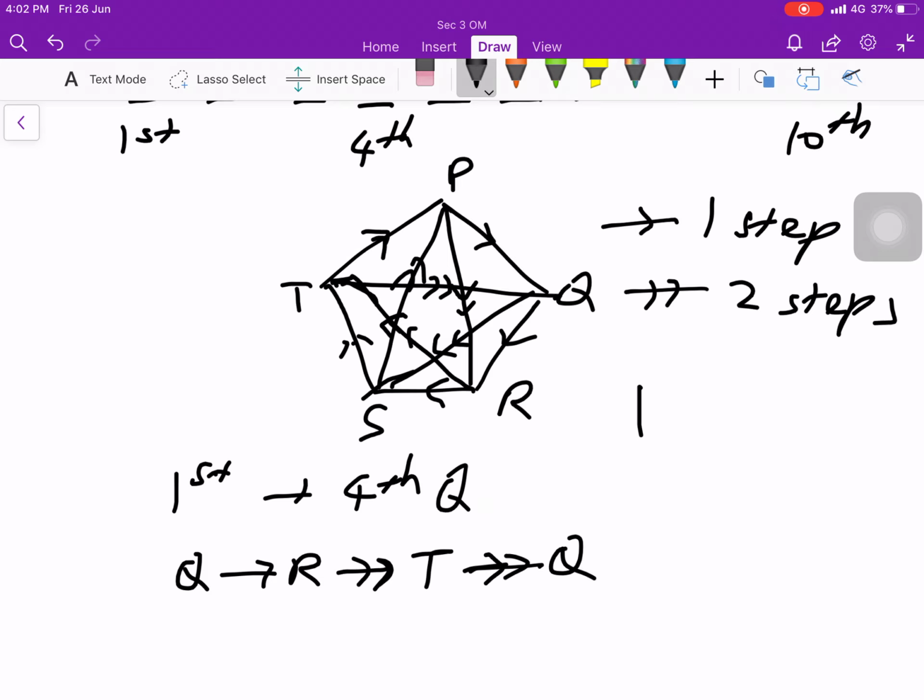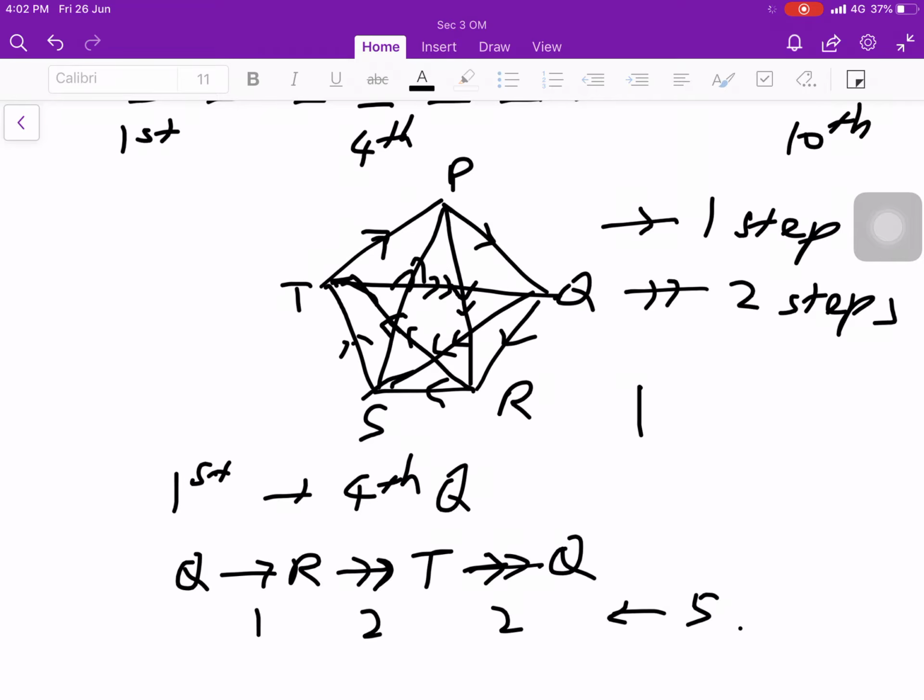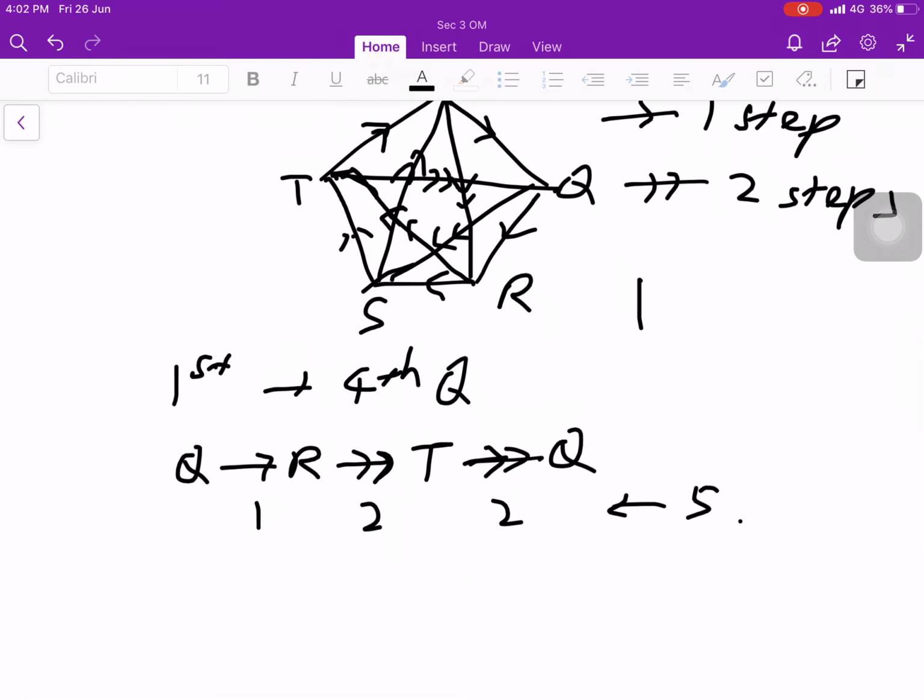Therefore, this is 1, 2, 2, so you need 5 steps. This is one of the ways with 5 steps, but definitely it can be other combinations of 5.